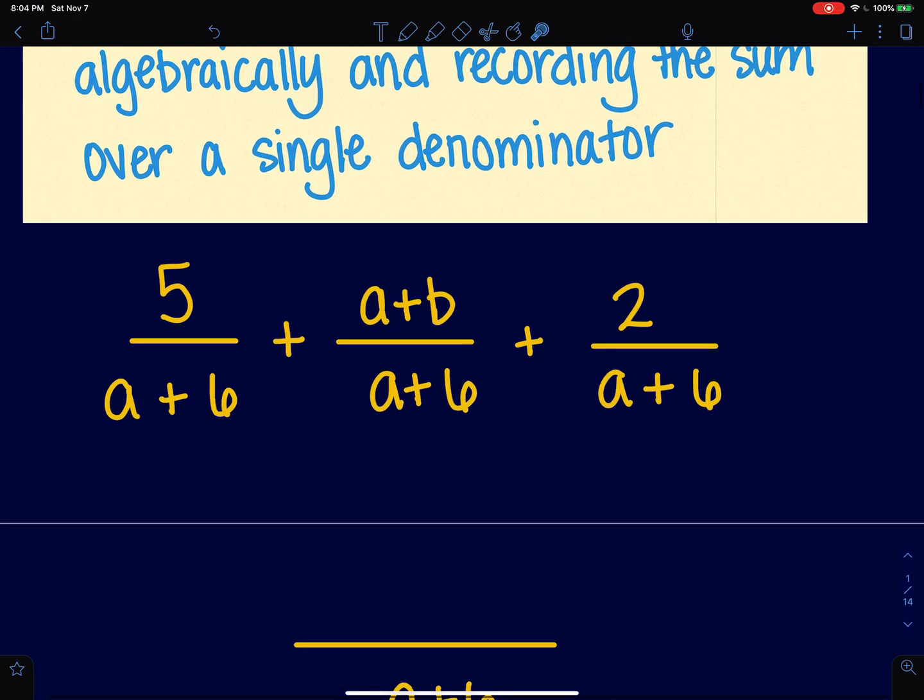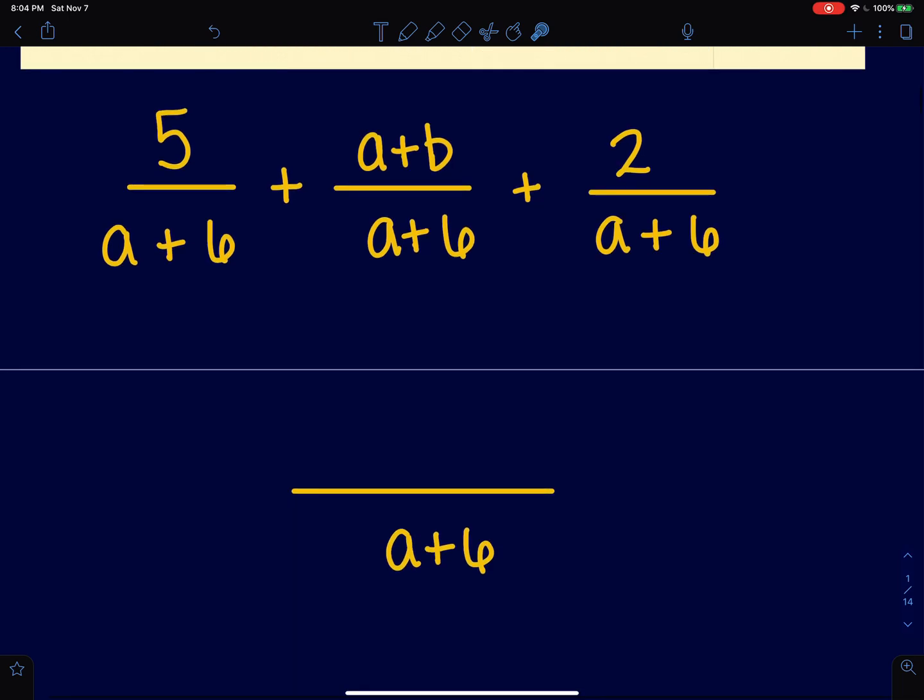That's a good reminder, because then when you have something like this, you kind of know what you need to do, because you have equal denominators here, so these are the same. If you're going to add a bunch of things where the denominator is the same, you can do it, because we just did that with the number 11 on the bottom. So the denominator is going to stay the same. It's going to be a plus 6. And what do we do with the numerators? Well, I think you know we're going to add them all together.